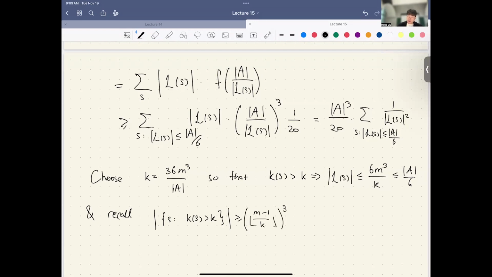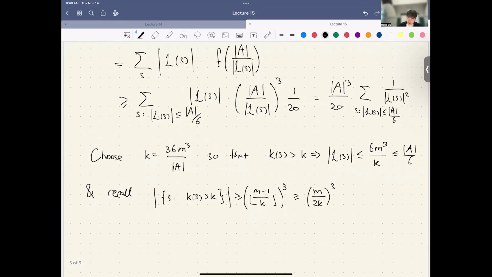Remember, we can choose in the smaller subcube an arbitrary direction and step out K steps. So this is the number of directions that satisfy this. With our choice of K, this is bigger than, let's just use, M over 2K cubed.